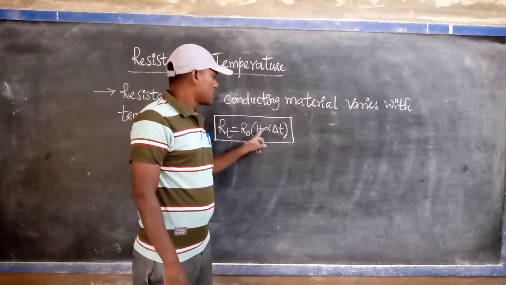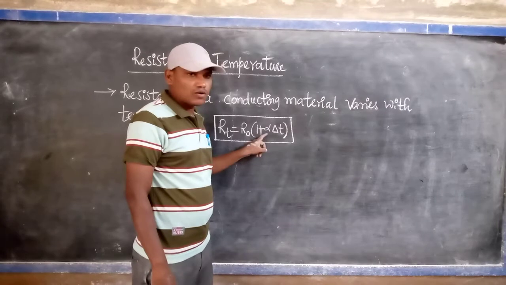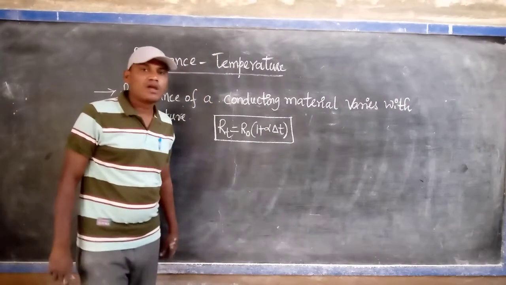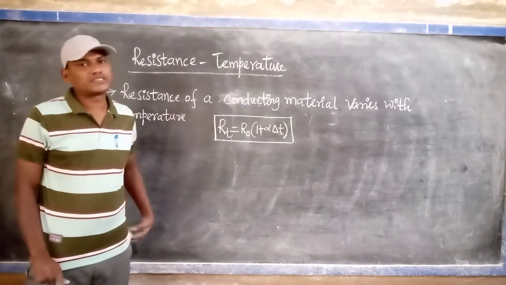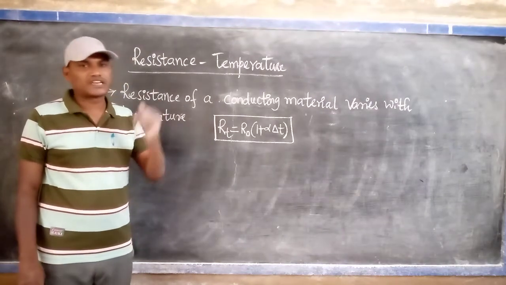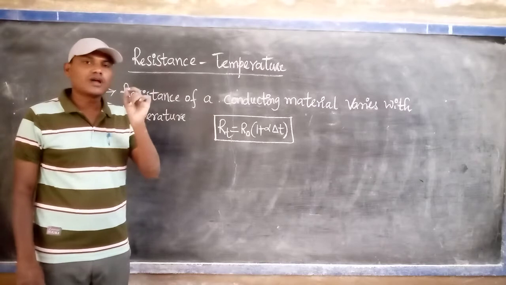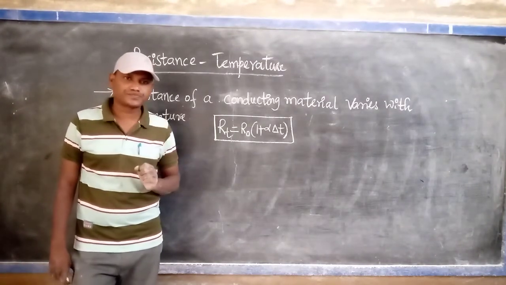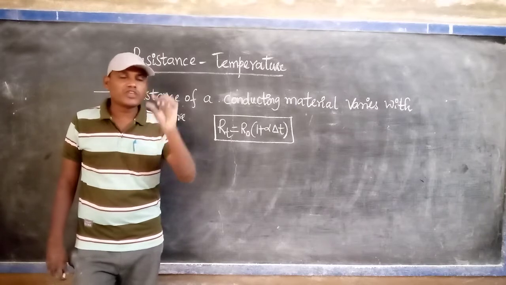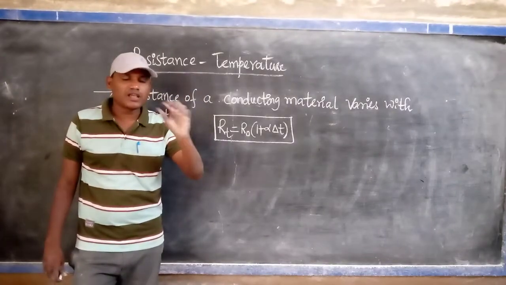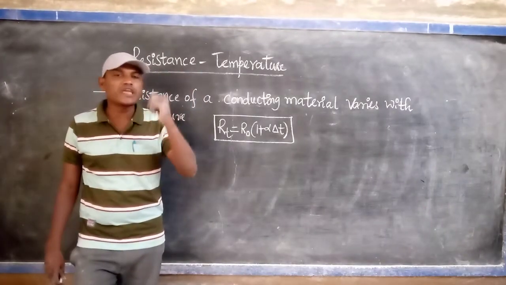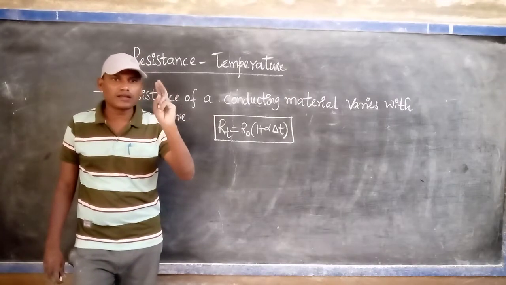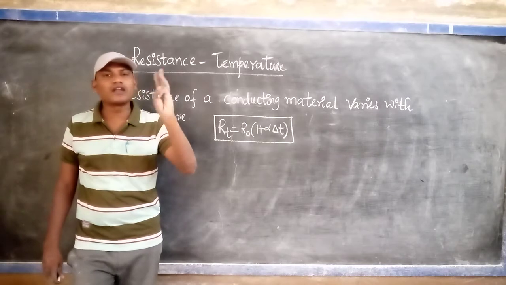Here alpha is the coefficient of linear expansion, according to the thermal properties of solids, liquids and gases. In solids, if we take any solid substance and heat it, it will expand in three ways: length, area and volume.